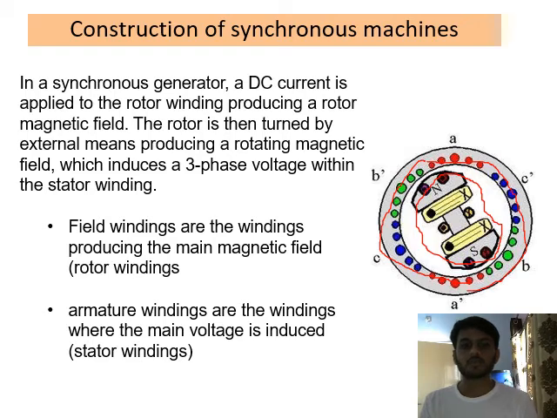When we rotate the rotor by external means, it produces a rotating magnetic field which induces a three-phase voltage within the stator winding. Field windings are the windings producing the main magnetic field, which is the rotor winding, and armature windings are the windings where the main voltage is induced, which is the stator winding.